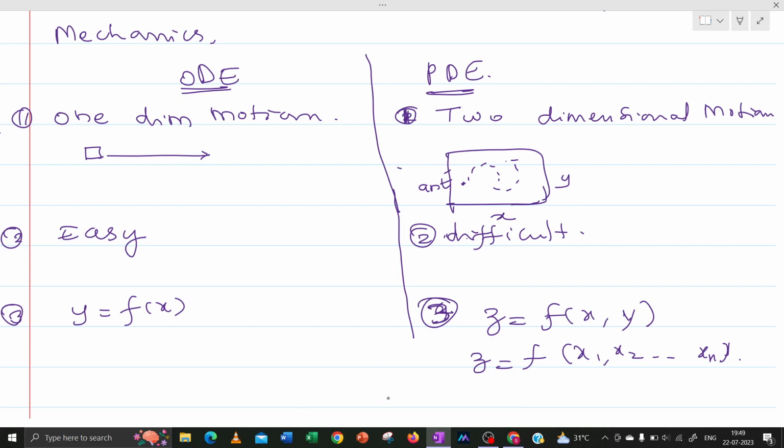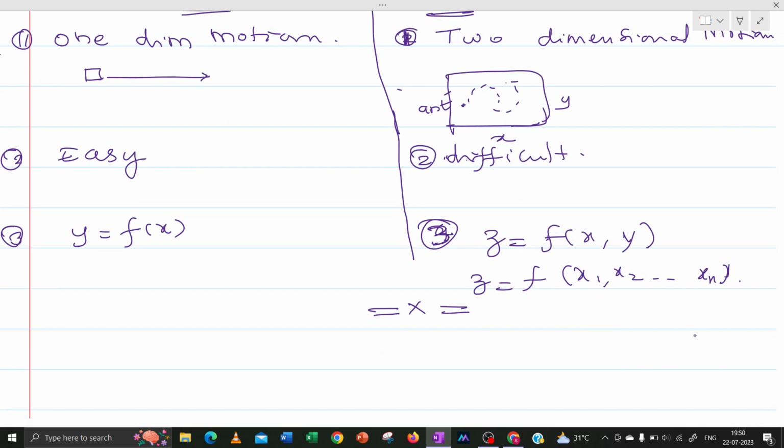So these are the few points we wanted to discuss for the introduction of the partial differential equation. In the next class, we will see how to form the partial differential equation from the given problem. There are two types of problems.